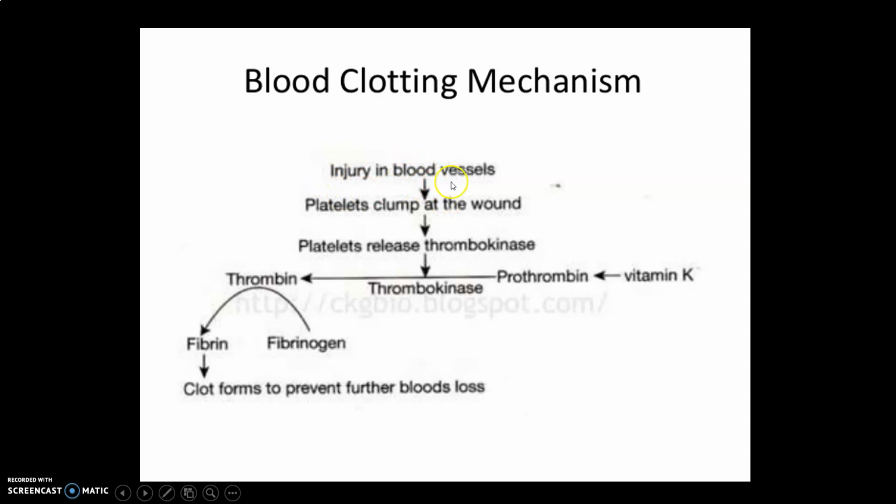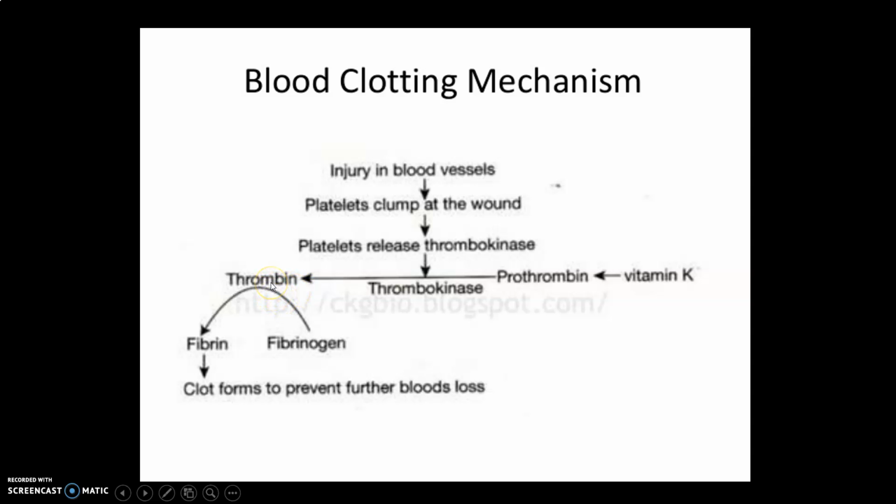So a general mechanism of blood clotting can be grouped into these steps, that whenever there is an injury in the blood vessel, the platelets clump at the wound. And a very important thing now, platelets release what we call a factor thrombokinase. Now this thrombokinase helps in the conversion of the inactivated form called prothrombin into thrombin.